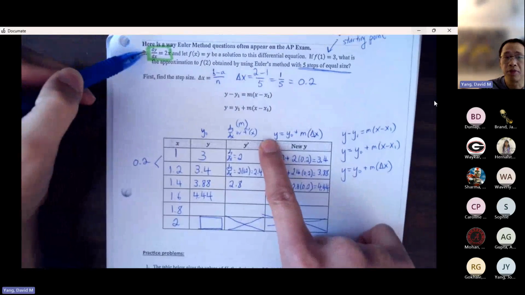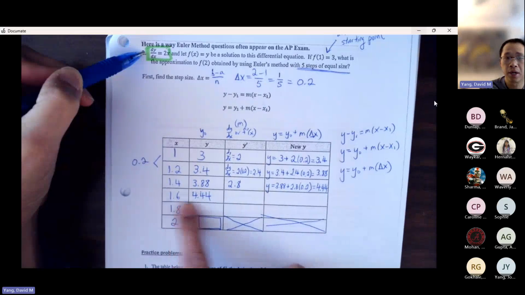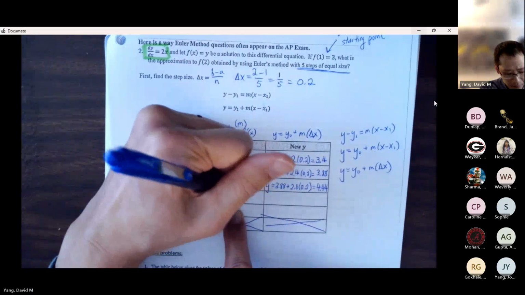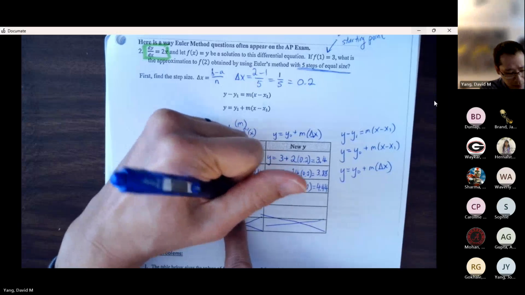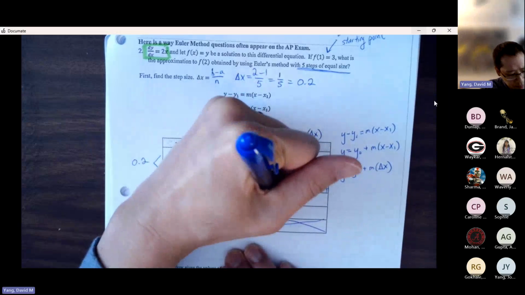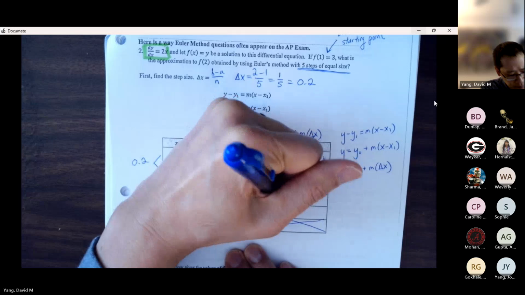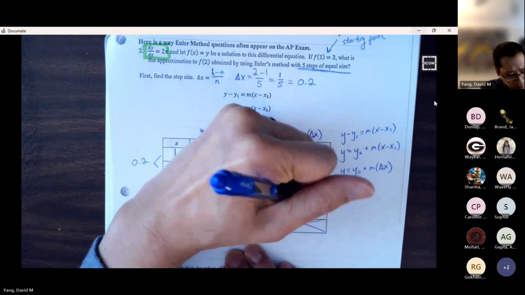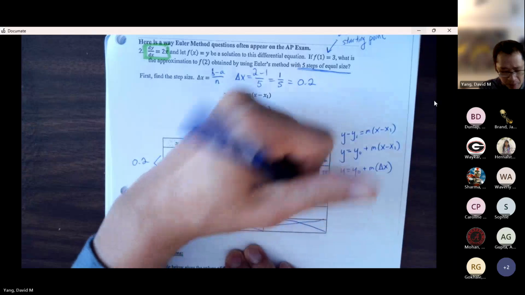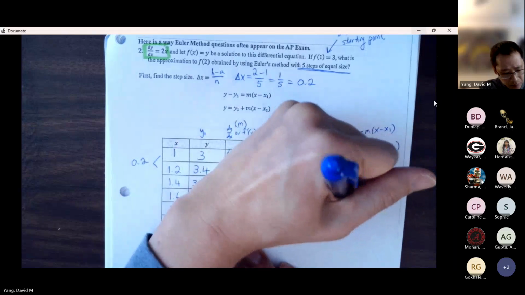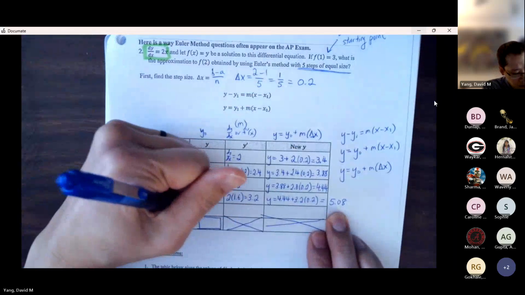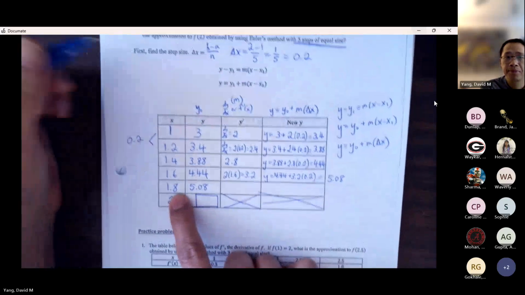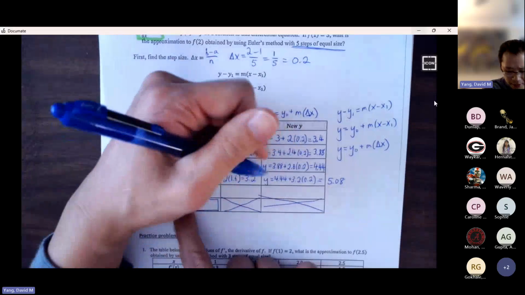Go back to your derivative equation, get your updated slope. Point slope form. Two times 1.8.